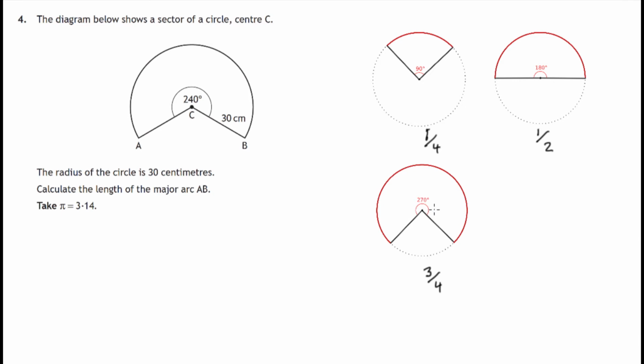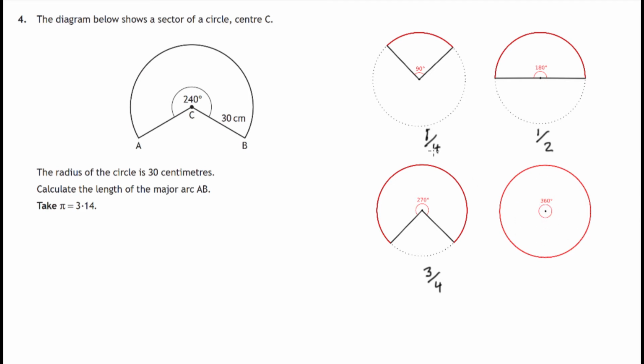240 degrees at the centre, this is 270 degrees at the centre. So the question is, in relationship to the 90 degrees, the 180 degrees, the 270 degrees, where do we get this quarter, this half, this 3/4 from? Well, it's all to do with a full circle measuring 360 degrees.